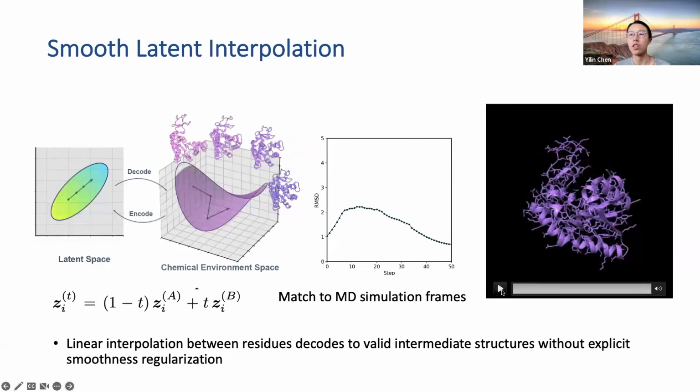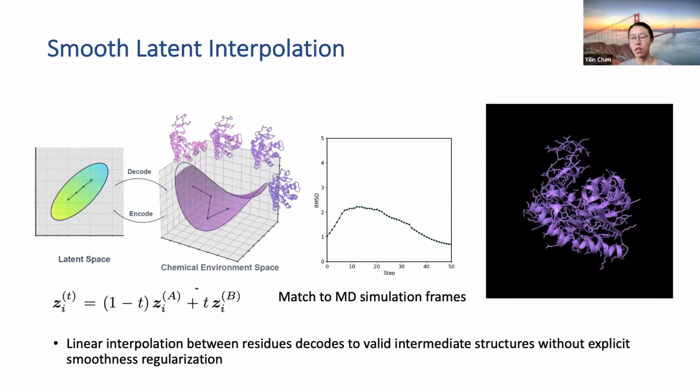That includes all the side chains, which appear to be reasonable. So we can say that linear interpolation between residues decodes to valid intermediate structures for the cases that we tested, without explicit smoothness regularization. A lot of the smooth latents in, for example, VAEs came from KL regularization or other methods.